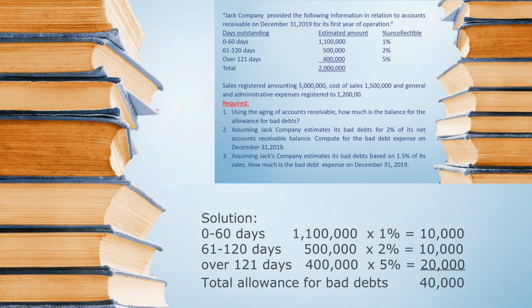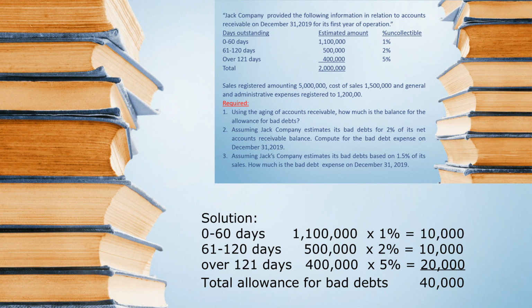Solving the first requirement, using the aging of accounts receivable, we just have to simply multiply the estimated amount by the percentage of uncollectibility. So 0 to 60 days, the amount is 1.1 million. We just have to multiply 1%. So we will get 10,000.